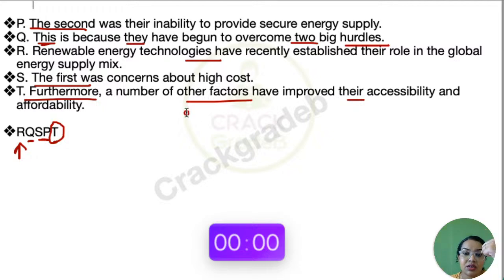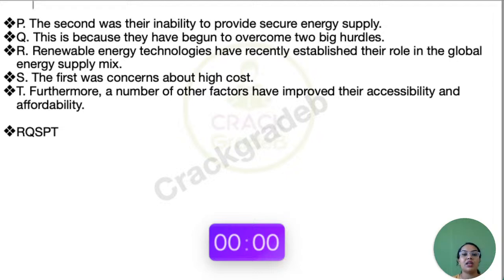Other factors. Okay. So the second was their inability to provide secure energy supply. So these are the hurdles. Furthermore, there are other factors that have improved their accessibility. This is going slightly in the positive tone. Otherwise we would have got a contradictory conjunction over here, but there is none, so we will use it at the end. There is no other place to use it. Cool. So good job, all those who got it correct.